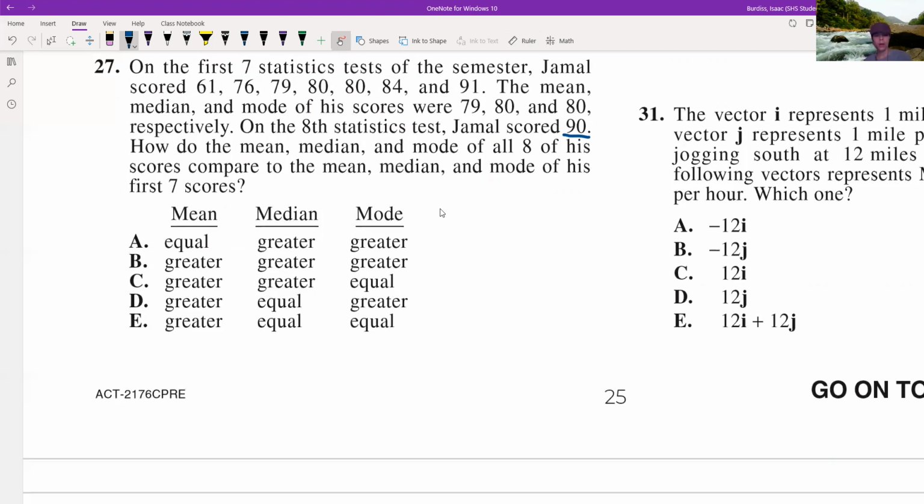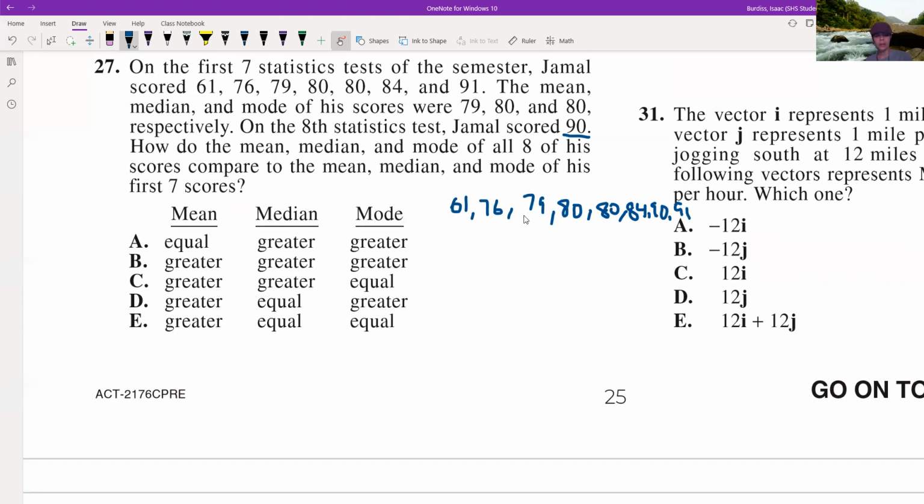So let's add his new score to the list of numbers, and they need to be in order. Oh, hopefully I don't run out of room on this thing. All right, 90. Oh my gosh, this thing writes so slow. Okay.